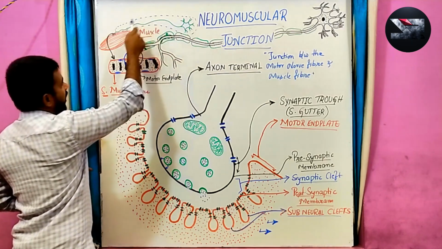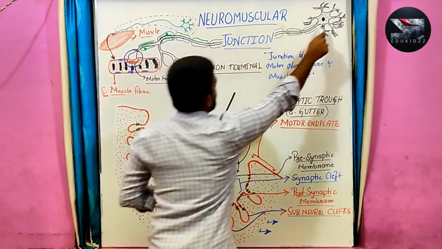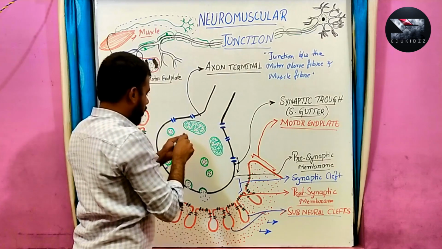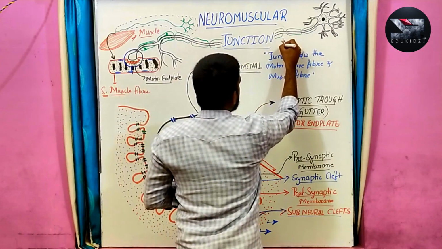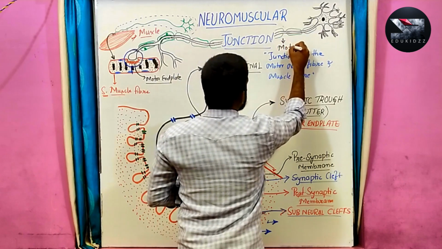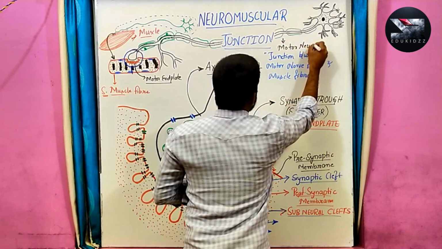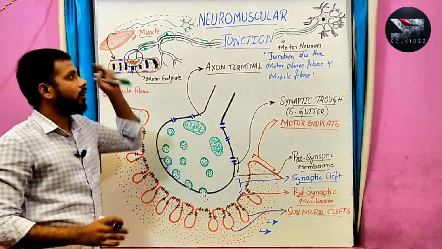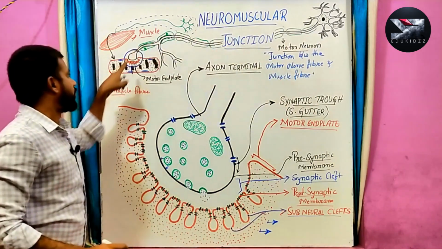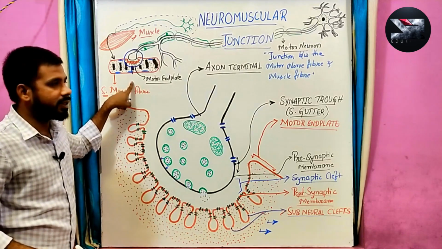This is a neuron, the motor neuron. Generally, a motor neuron is also called an efferent neuron. It helps to transmit impulses from the central nervous system to effector organs like skeletal muscles.